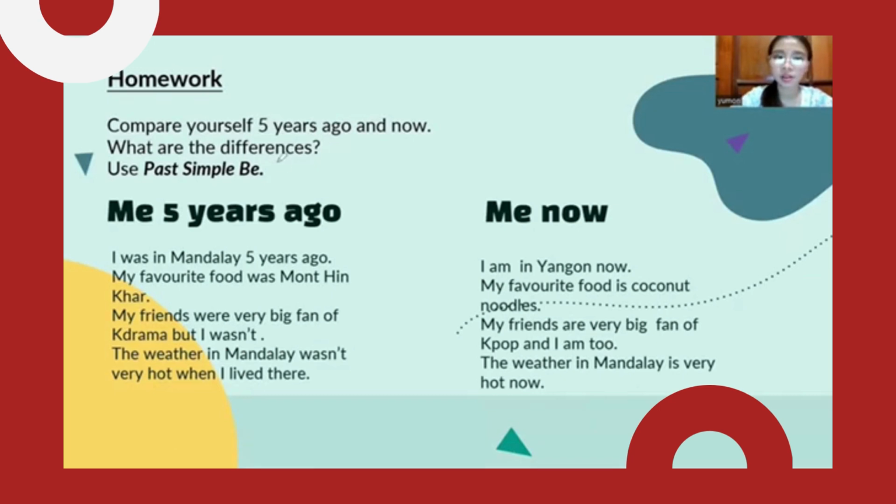Okay, you have to use past simple be to talk about the differences. Okay, you can check out my sentences as examples. Okay, but I want you to write in your own words and sentences without copying these. So this is the end of this video, and I hope you learned something from today's lessons.